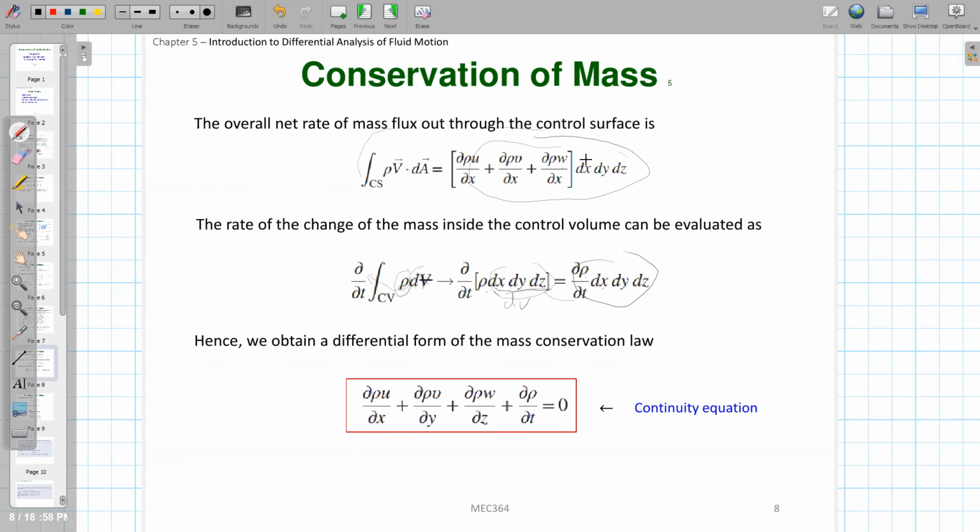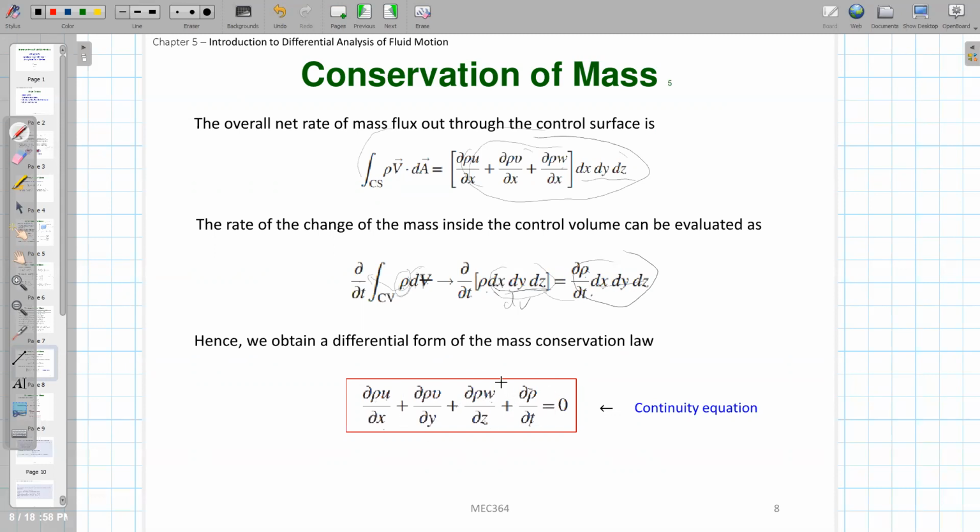You'll see that these 2 terms both share this dx dy dz, so you can divide by dx dy dz and cancel it out on both sides, because the other side is 0, and 0 divided by this one is still 0. Then your final result will be partial rho partial t plus partial rho u partial x plus partial rho v partial y plus partial rho w partial z equal to 0.